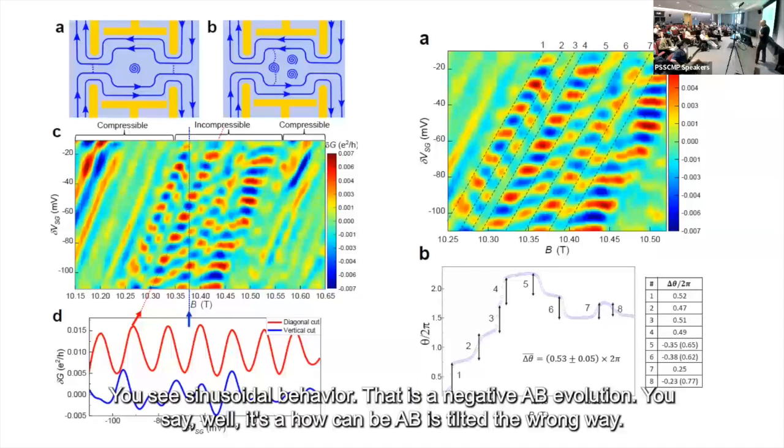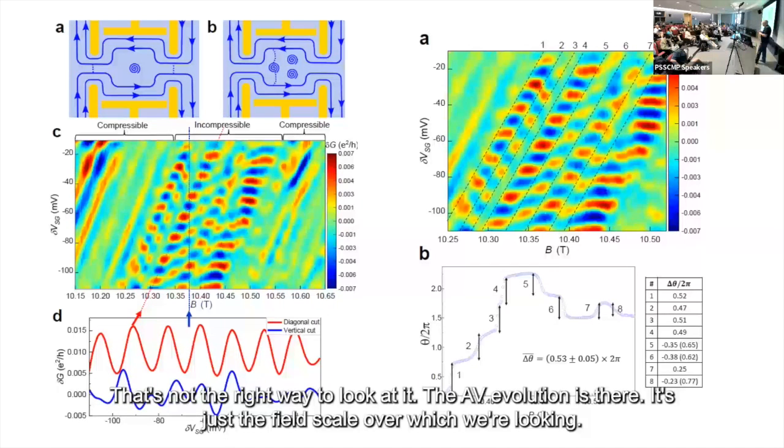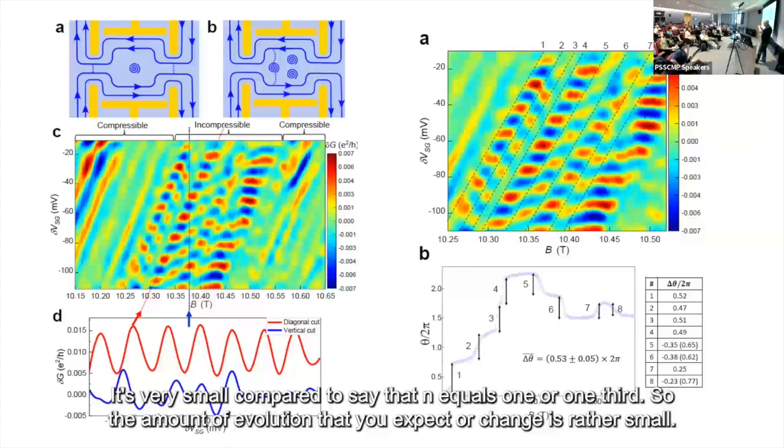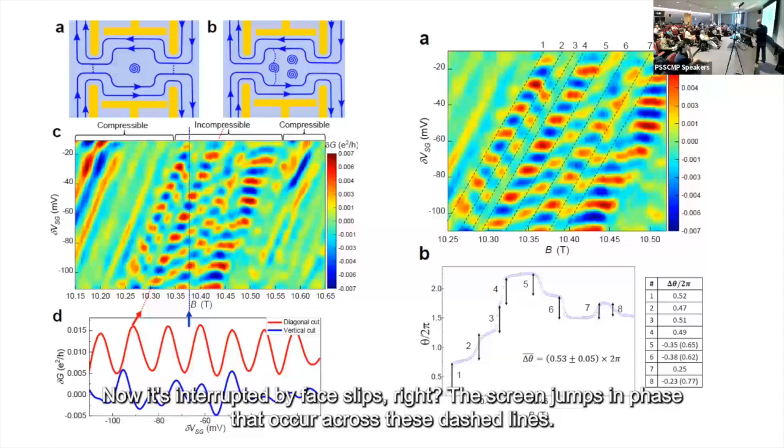You say, well, how can that be, the AB is tilted the wrong way? That's not the right way to look at it. The AB evolution is there. It's just the field scale over which we're looking is very small compared to, say, n equals 1 or 1/3. So the amount of evolution that you expect for a change is rather small. Now, it's interrupted by phase slips, by discrete jumps in phase that occur across these dashed lines.